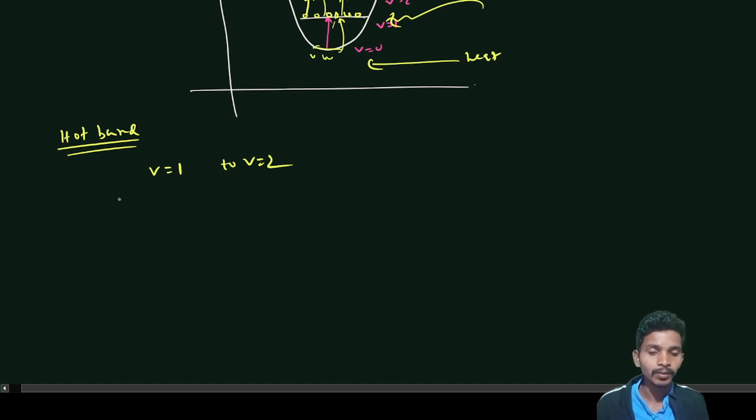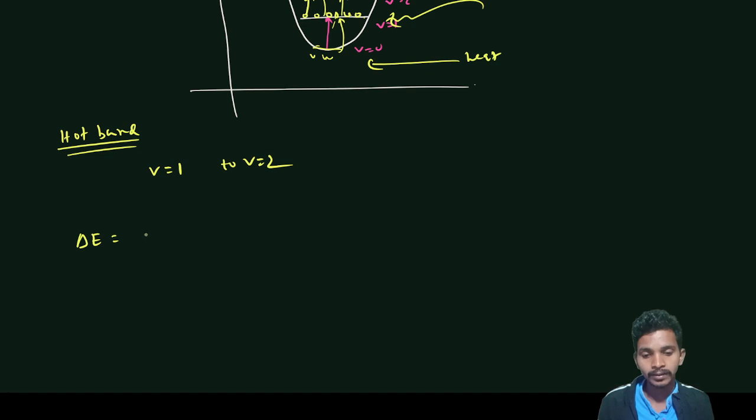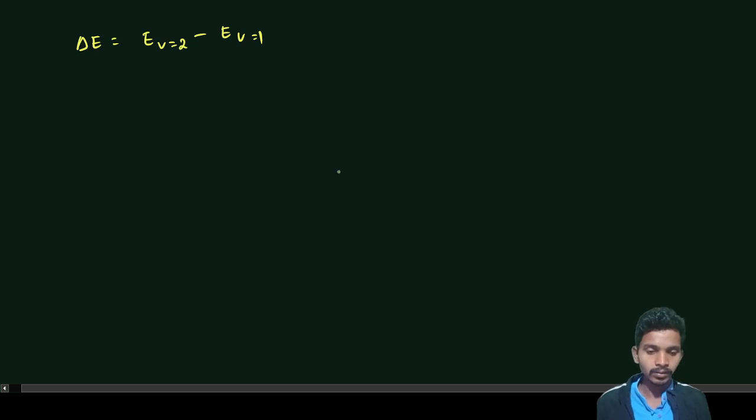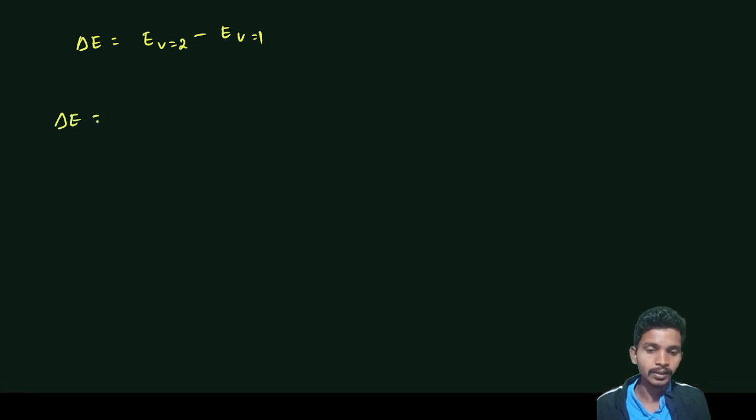Okay. So for that, if we calculate delta E, I will calculate E(v=2) minus E(v=1).